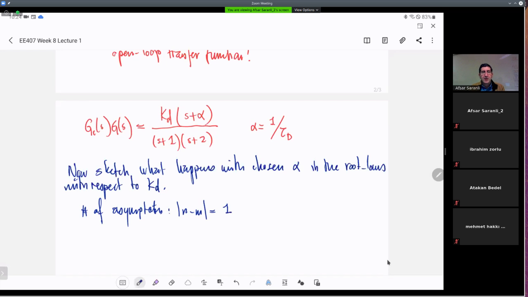So you see, the number of asymptotes was reduced by 1 by the introduction of a zero, because I had two poles and two asymptotes. Now I have one more zero, so that takes away from one of the asymptotes. Okay, and therefore I have one asymptote. What is the angle of the asymptotes?